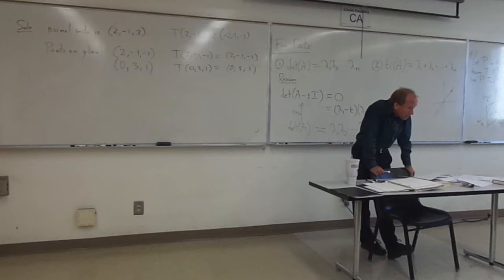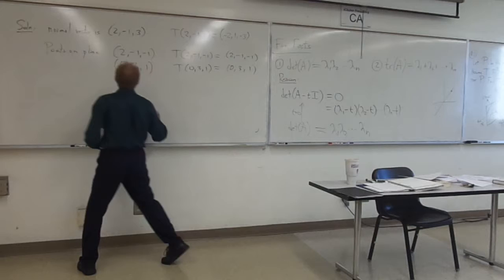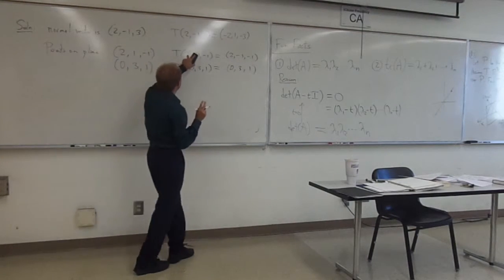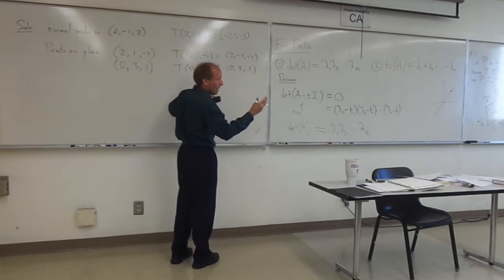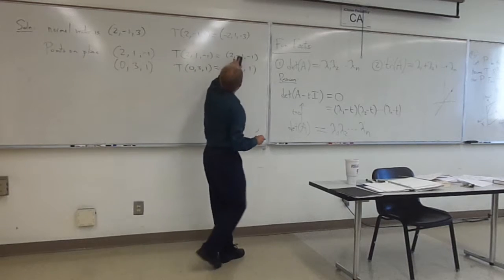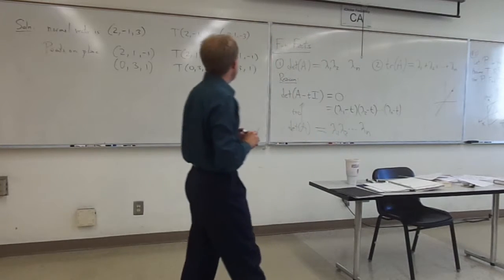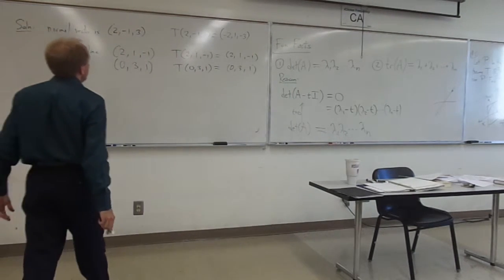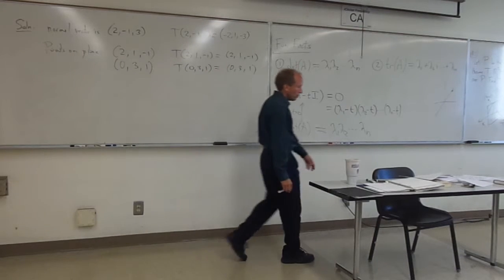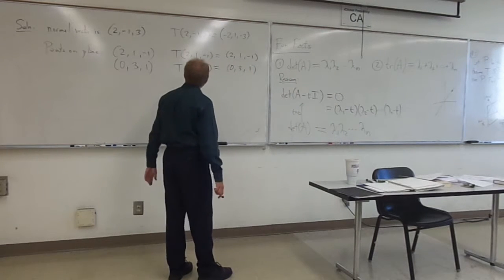Does anybody have a calculator by chance? Maybe if somebody has a calculator, I might be able to rescue it. So it should have been (2, 1, -1). I screwed that up. I'm not going to worry about the calculator part too much. Obviously, you're not going to have a calculator on the test either, so surely I can do this without that. That was silly of me to make that error. But anyway, those are the points that are on the plane. These are notes I wrote years ago. I'm much smarter than that now.